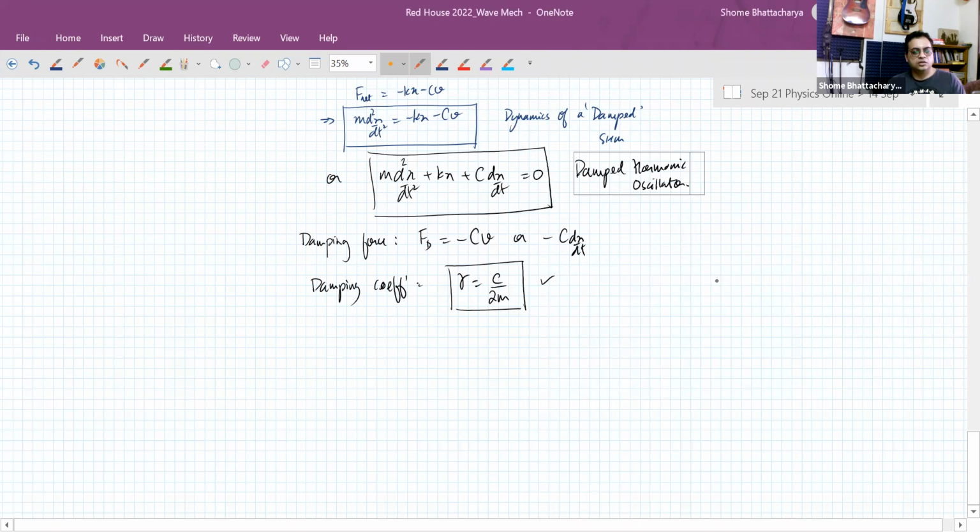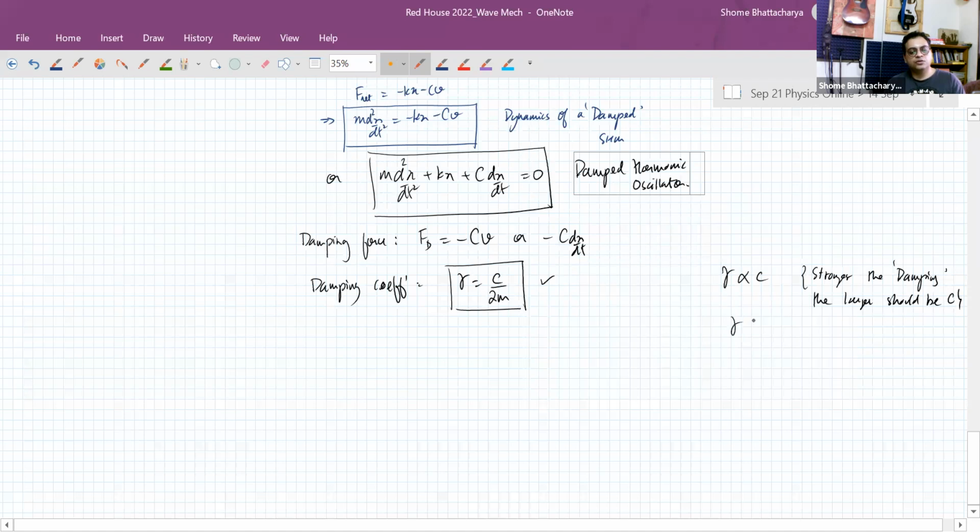So it's kind of like this, that it's proportional to c, because the stronger the damping, the larger should be c.